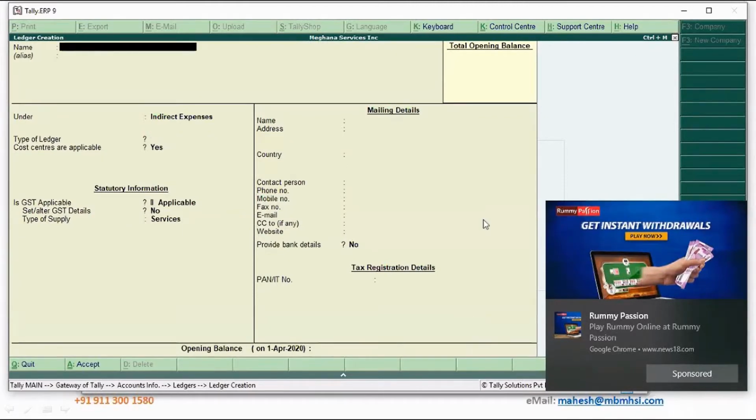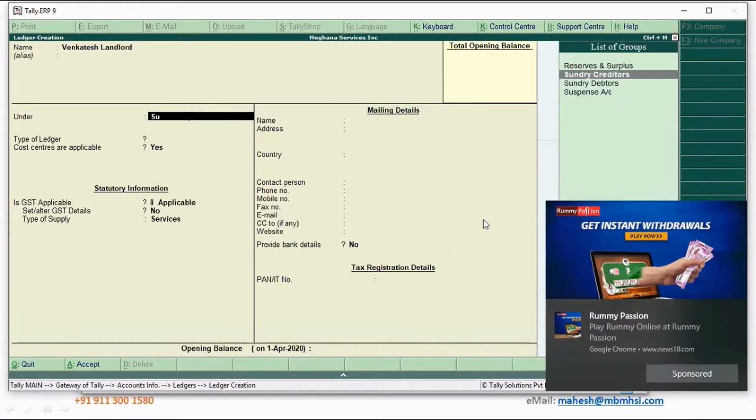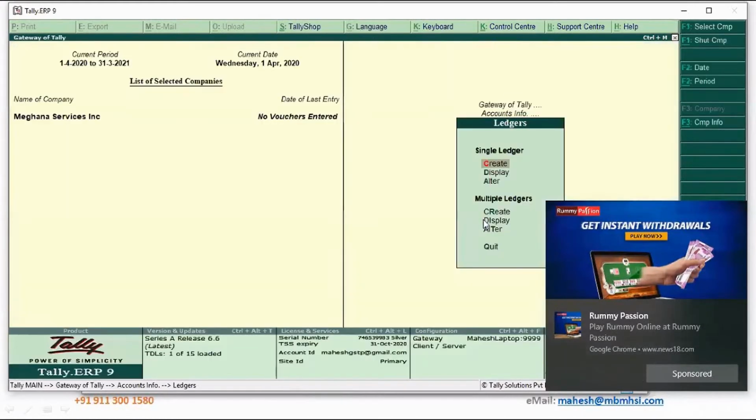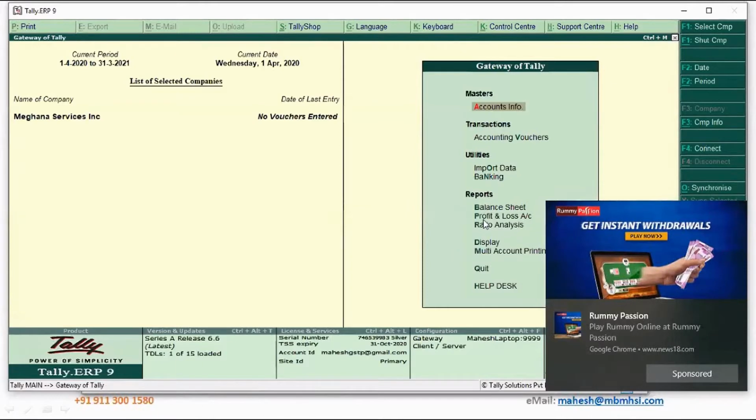Then I have Venkatesh, landlord, sundry creditors. Here also I could specify the cost centers. I'll come to these cost centers for assets and liabilities later. So I'm just creating. Now I've created a few ledgers.